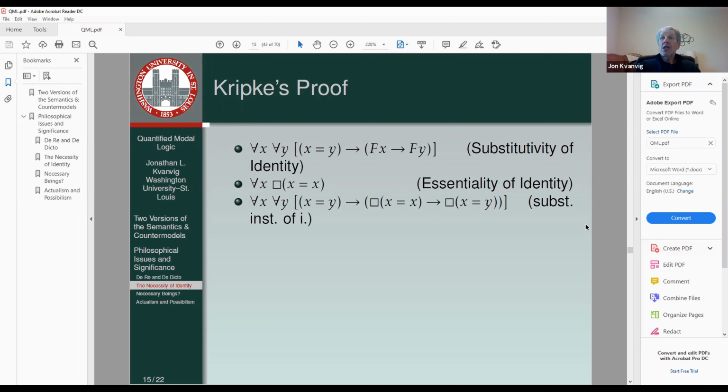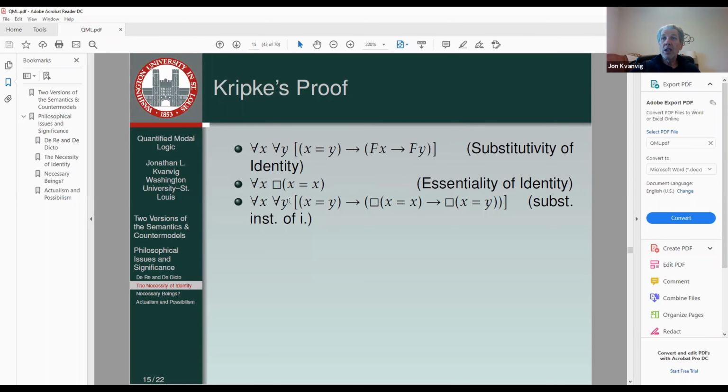Now, this looks complicated, but it's actually just a substitution instance of 1. What we do is we take this property, being necessarily self-identical, as the value for f. Let f be this property, being necessarily self-identical, and then substitute in that formula for f.